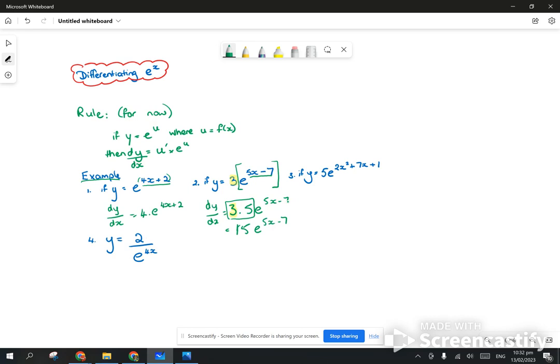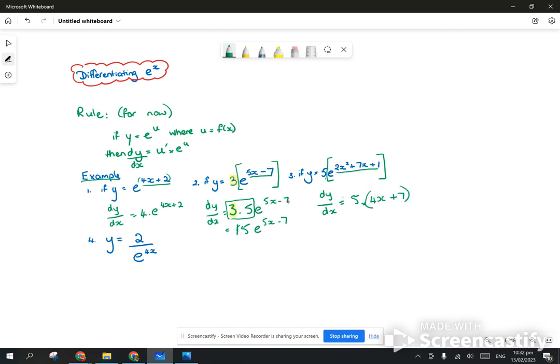Over here in number 3, to work out dy/dx, this 5 here is just multiplied, so you just write the 5 out the front, and then you derive this part. The rule says that you multiply by the derivative of the bracket. The bracket is u, so u dash is 4x plus 7.